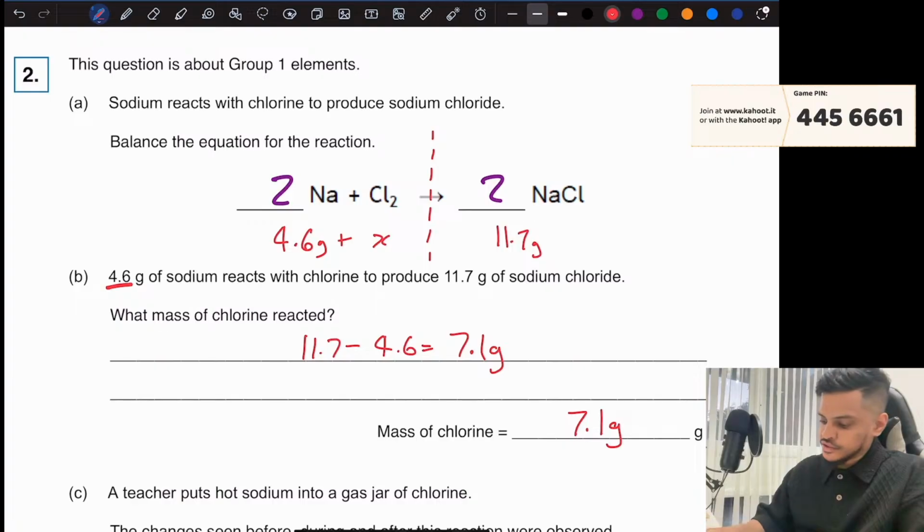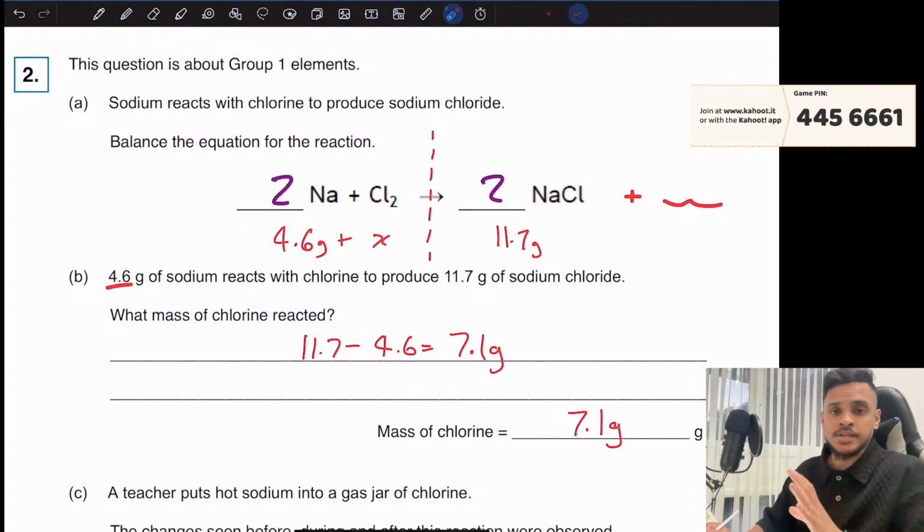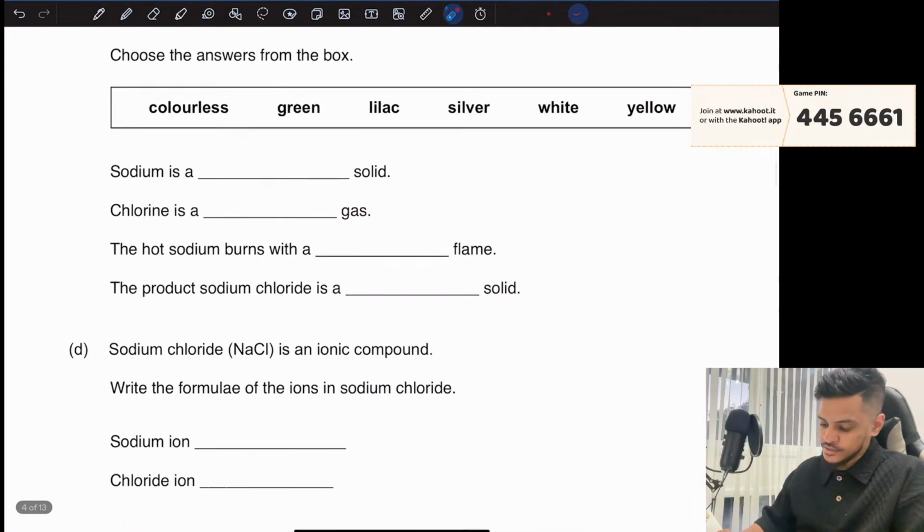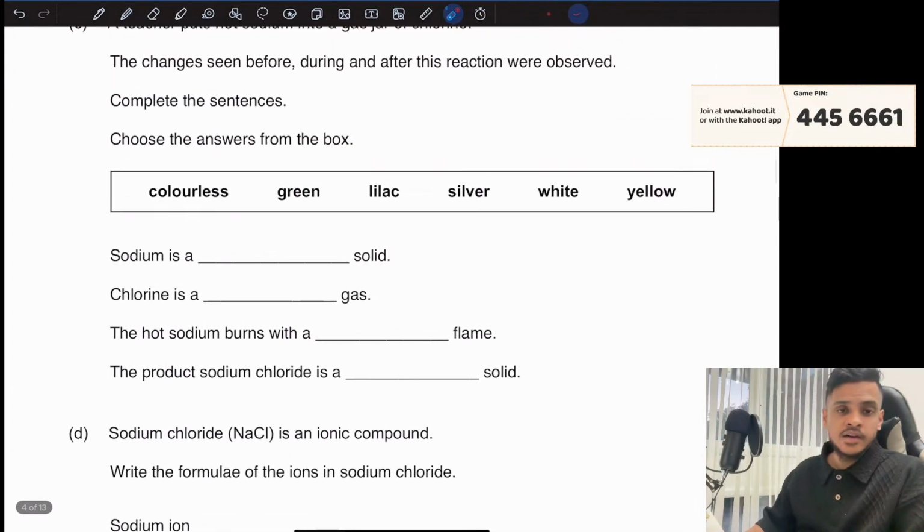It'll be Na plus CO2 goes to NaCl plus something else. And then they'll only give you 1 and they'll ask you to find another. Here, they've given us 2 masses and the only one left is here. So we can use the conservation of mass. The mass before should always equal the mass after. But in mole calculations, they don't give you enough information to do that. That's how you know it's a mole calculation and not a conservation of mass question.